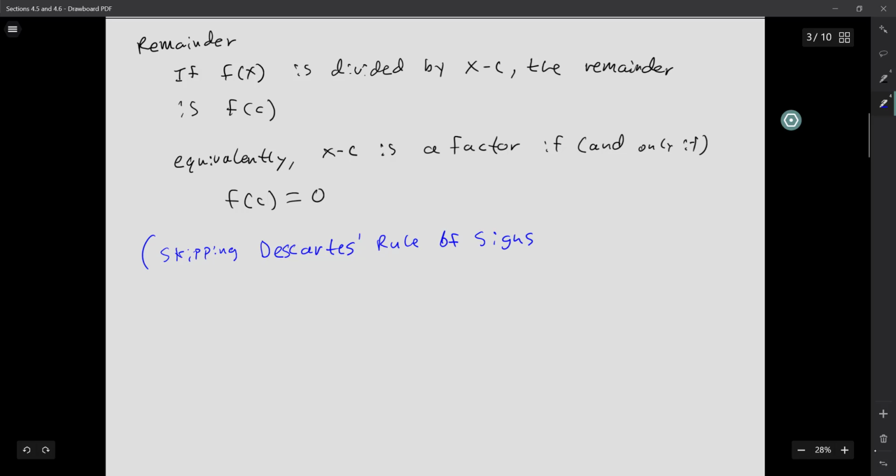And the reason I'm skipping it is because it's a little fact to help us say how many roots there are, or how many factors there are, but we don't really care so much as we care about actually getting the factors. The Descartes' rule of signs won't help me get the factors, and so I don't want to talk about it because it doesn't help me as much as I want it to.